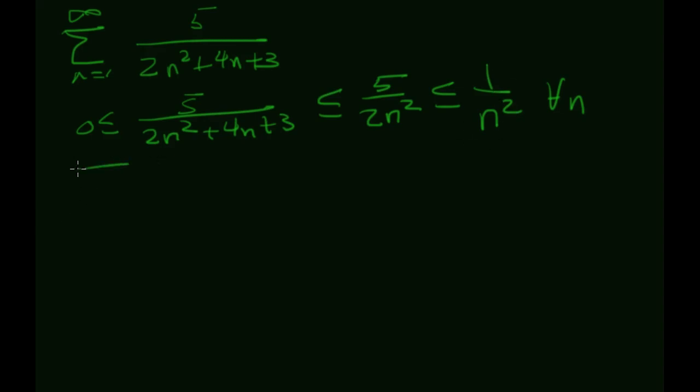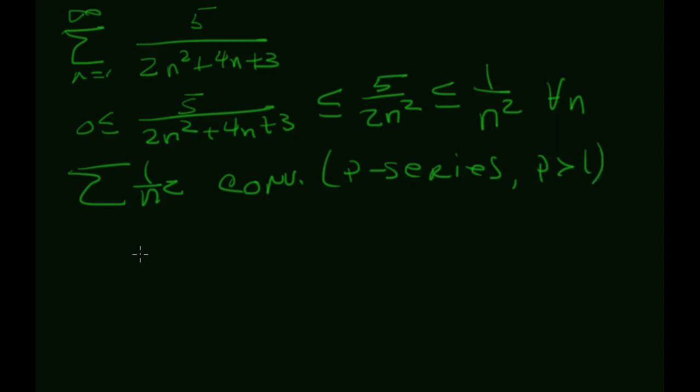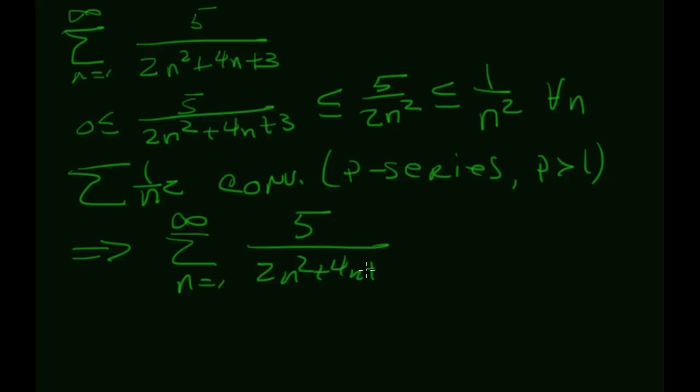And we know that the series 1 over n squared converges, because this is a p-series, and p is bigger than 1. So that's going to converge. So that means my series is dominated by a convergent series, which implies that my series from n equals 1 to infinity of 5 over 2n squared plus 4n plus 3 will in fact converge.